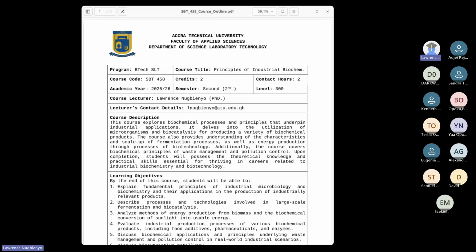So this brings us to the question again. Is it possible to combine the two toxicology classes, the morning and the evening?